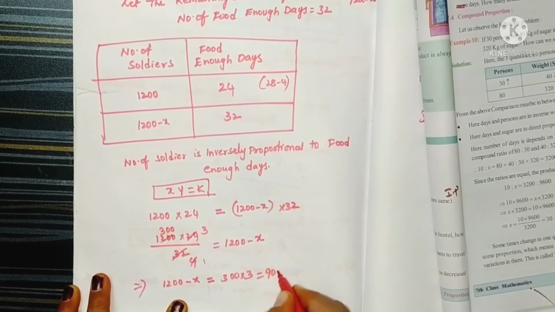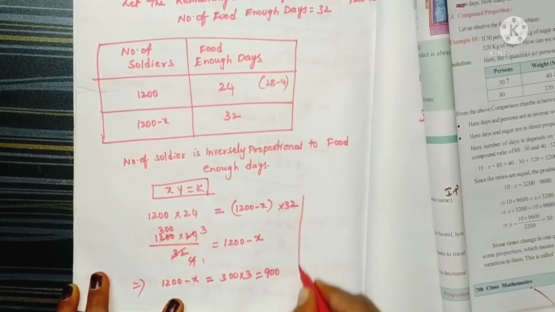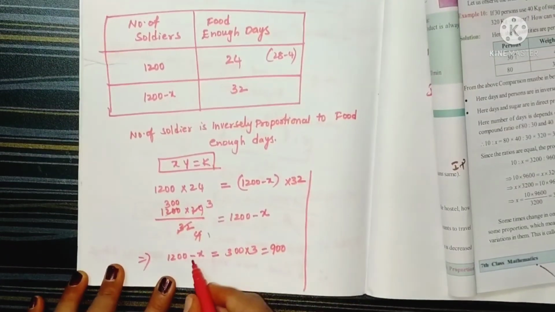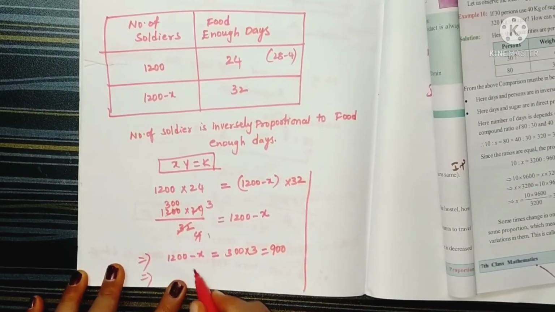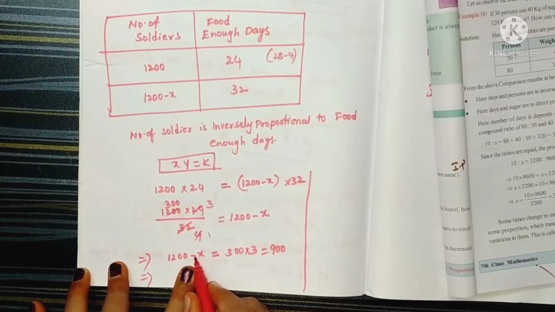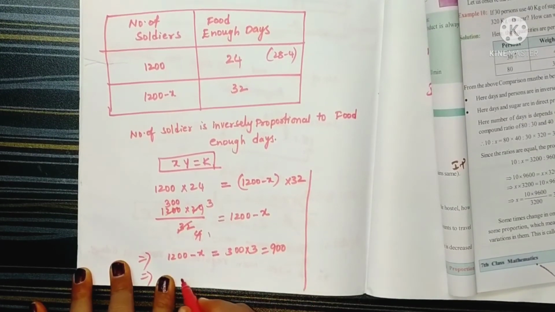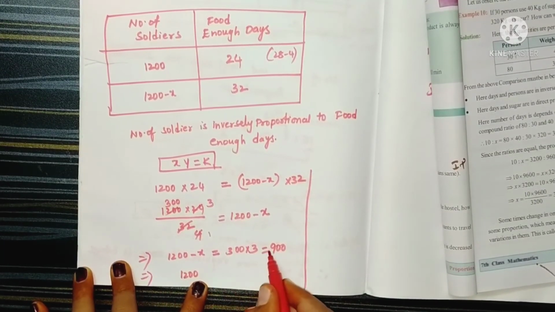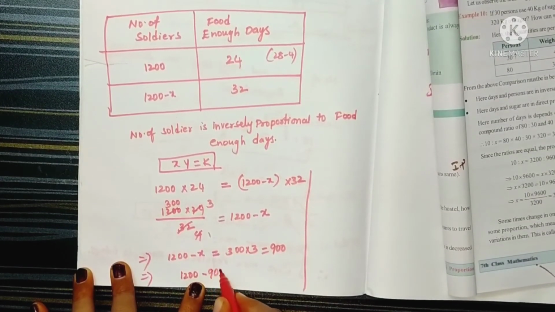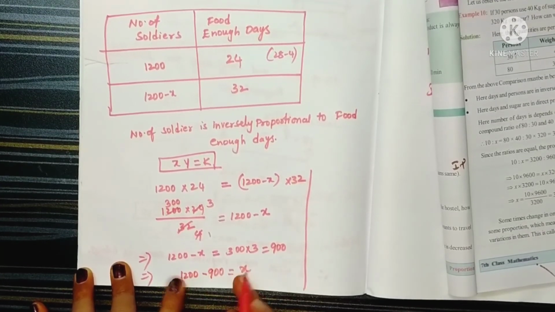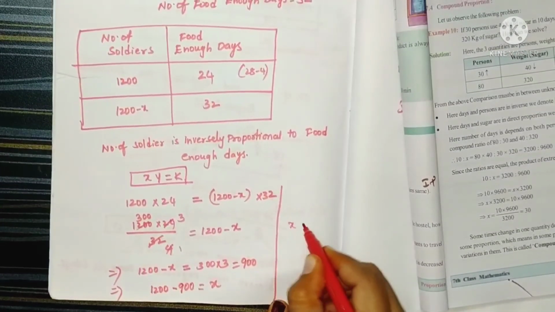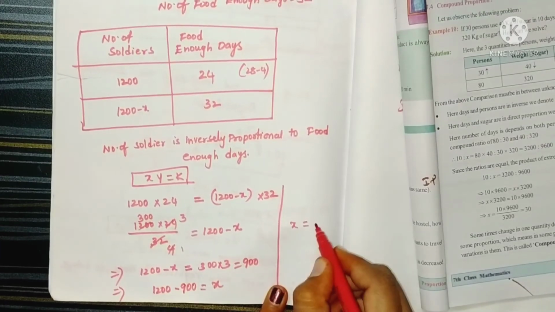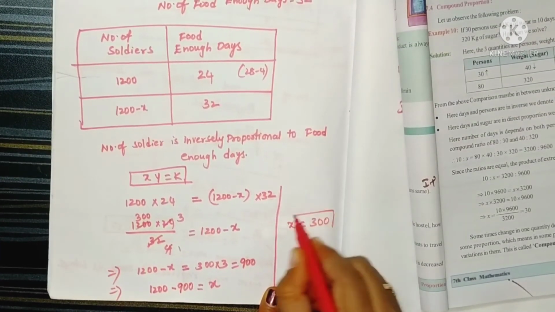That is 900. Right? So now, before x the minus is there, no? So transpose to that side. And this 900, if it comes to the other side, becomes minus. So 1200 minus 900 is 300. So x is equal to 300.